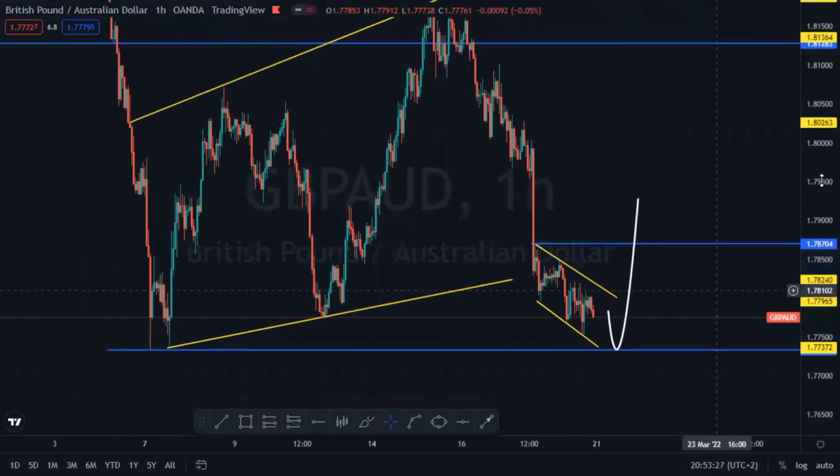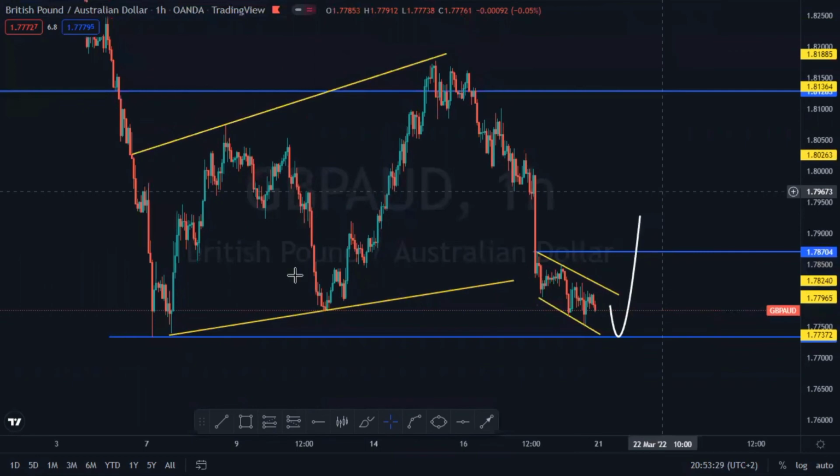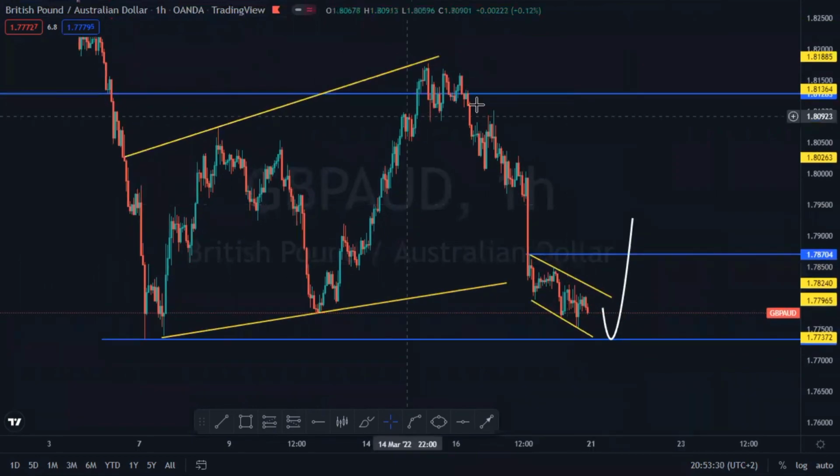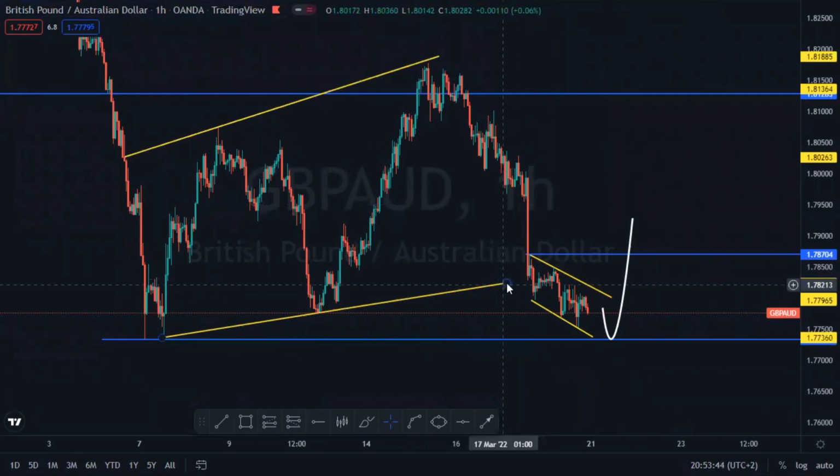Currently right now, as you could see what is being presented, even though we have a larger correction to the downside, price action also presented a possible falling wedge. So we have a pattern within a pattern. And this is called pattern separation.